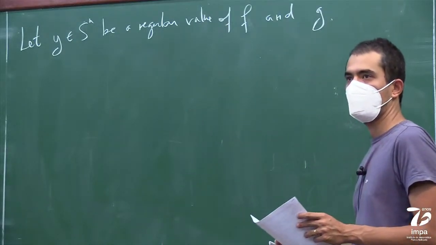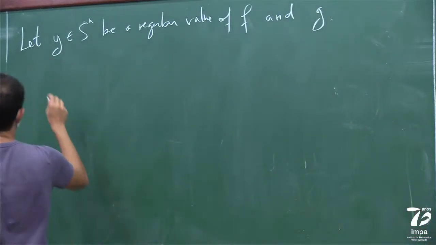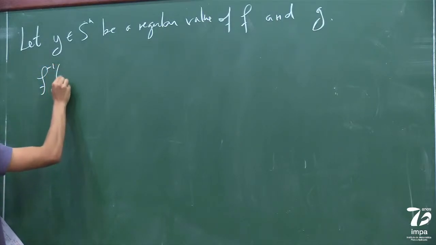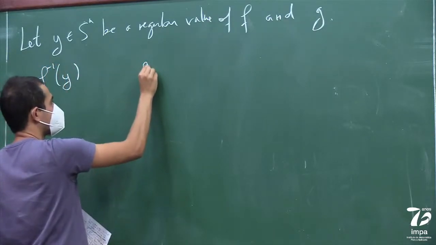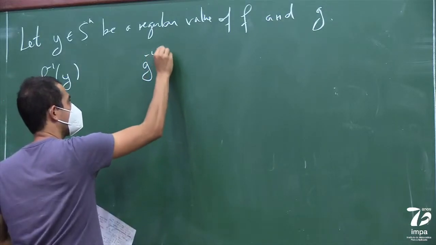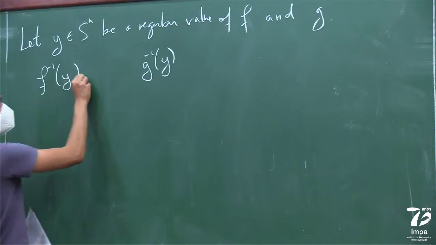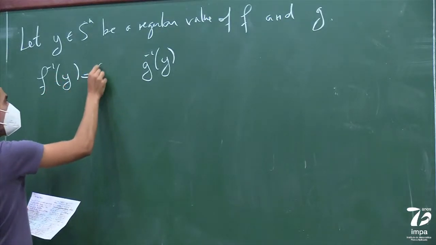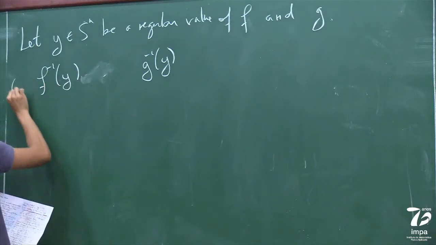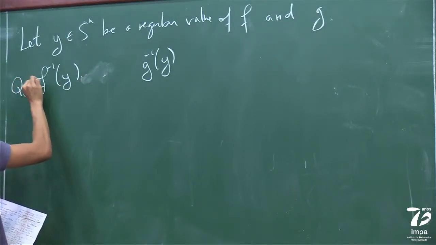Okay? So now when you look at the preimage of y by f, and the preimage of y by g, these are going to be a collection of points with signs. So I'm going to call these Q0 and Q1.